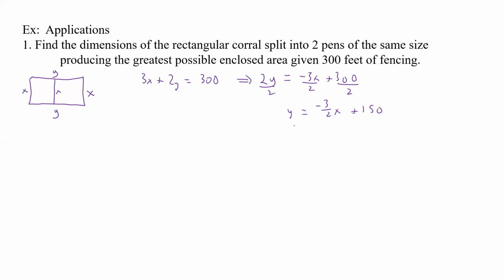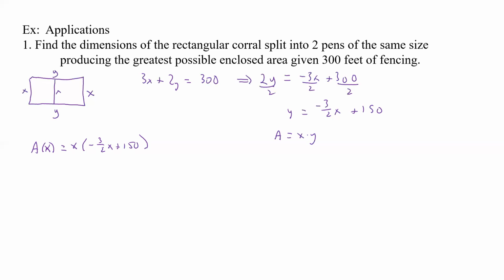And so area, let's just say A equals x times y, okay? What we can do is substitute y into here, and it's in terms of x. So now A of x is equal to x times y, which is that. And so that is going to give me my area enclosed, okay?